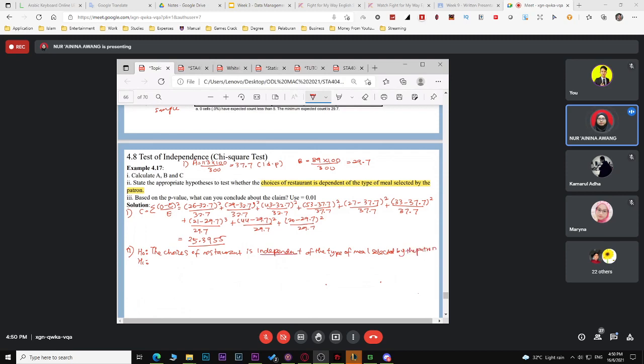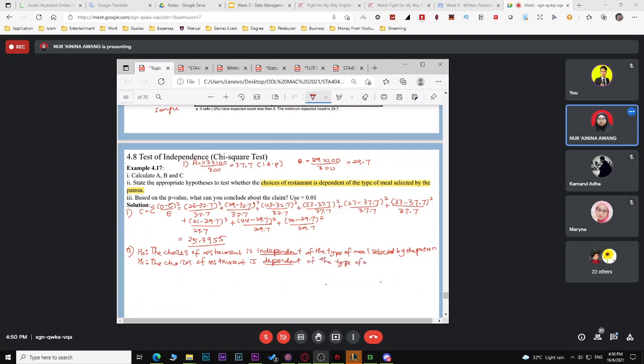Okay, so this one is independent, and then for H1, the choice of restaurant is dependent. So follow the question. If the question asks you either related or not related, then you use not related, related. Okay.